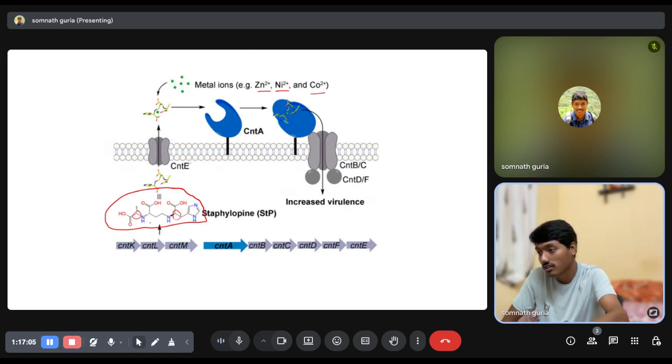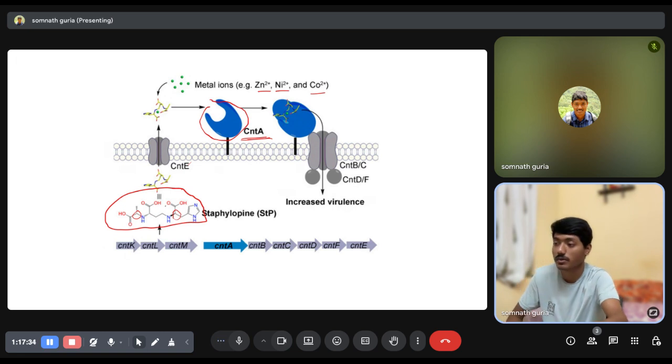Now if we change this amino acid into the other enantiomer, some bacterial cells cannot recognize it, and some bacterial cells mutate themselves such that they can recognize this other enantiomer of the amino acid metal complex.